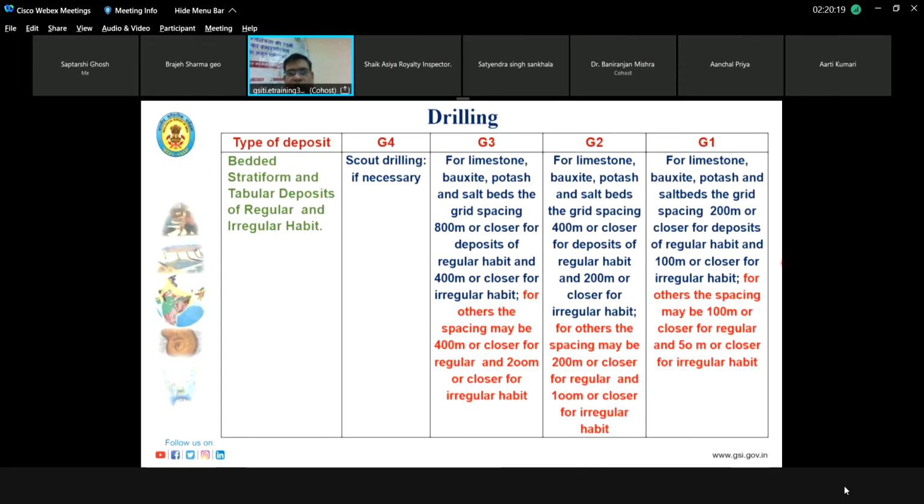That idea was from the 1997 UNFC, and it was modified in 2009. So now the rules are changing. If the body is regular, why put money on it? We could directly go for mining with a pre-feasibility study, since we know this is a regular body. So we need not stick to the rules right now.